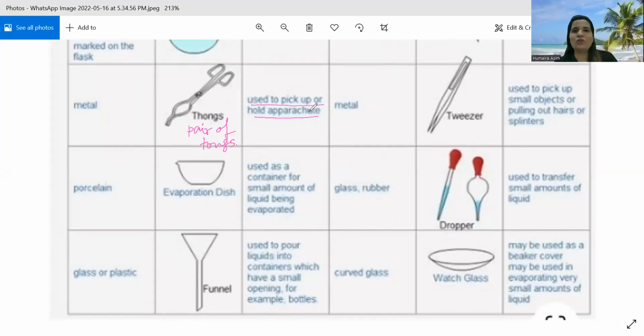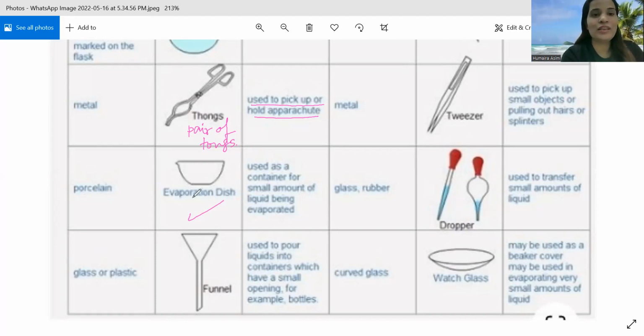Then, what do we have? Yes, we have an evaporating dish. Just now we were talking about how if we have to heat a solid, we will be using a crucible, right? But if we have to heat a liquid, we will use an evaporating dish. Because we want the liquid to evaporate, to escape, we will heat it.